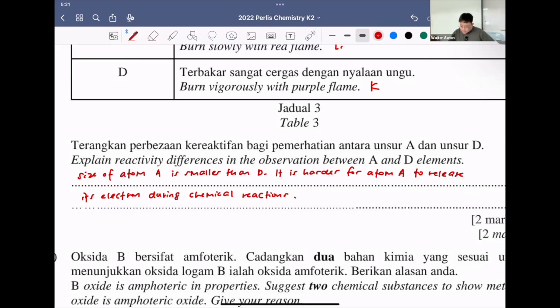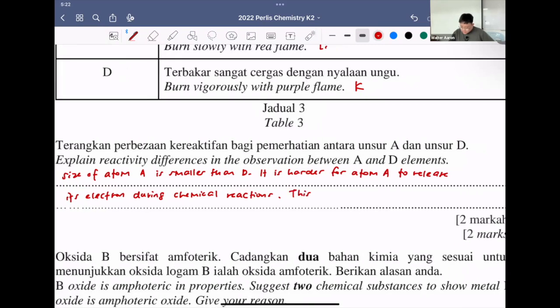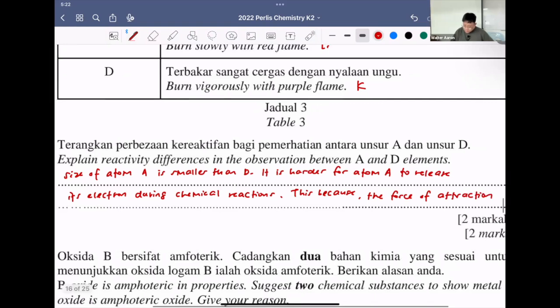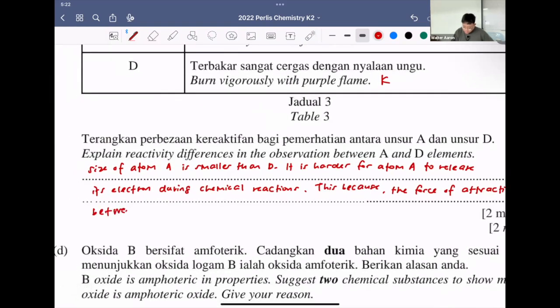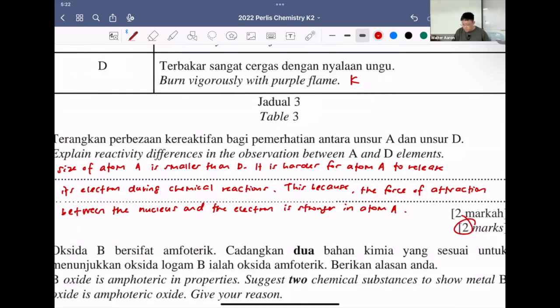They can say the reason why is because the force of attraction between the nucleus and the electron is stronger in atom A. Okay, so that'll give you enough explanation to score you 2 marks in total.